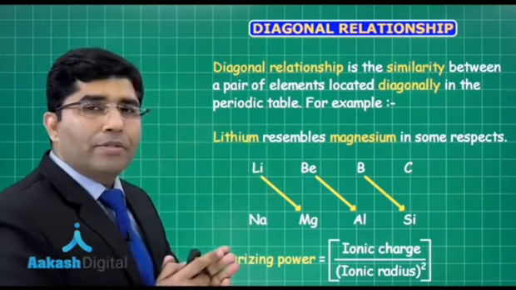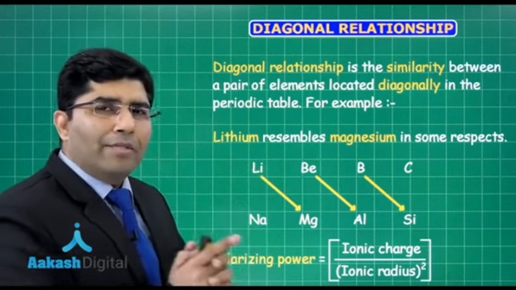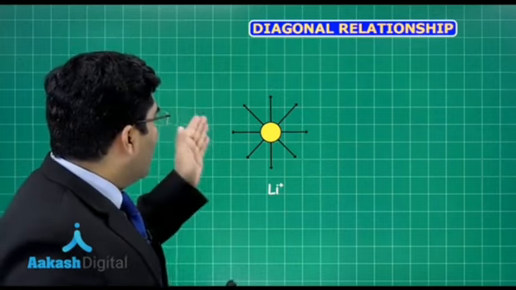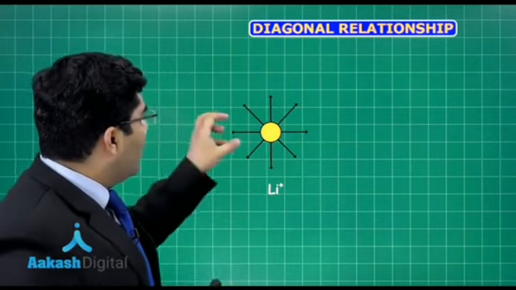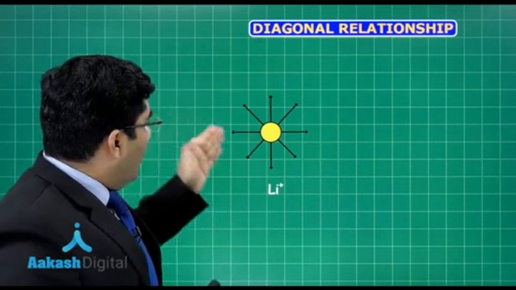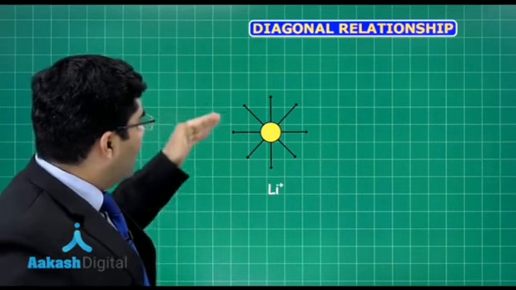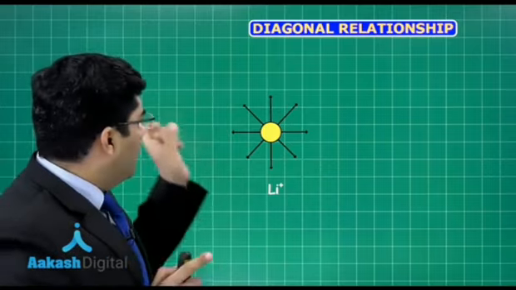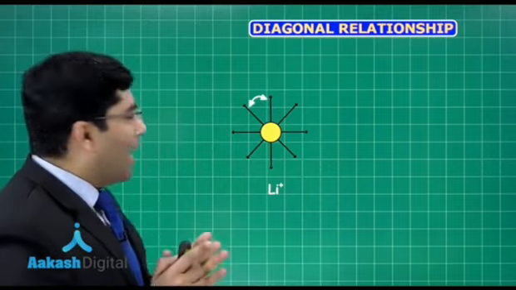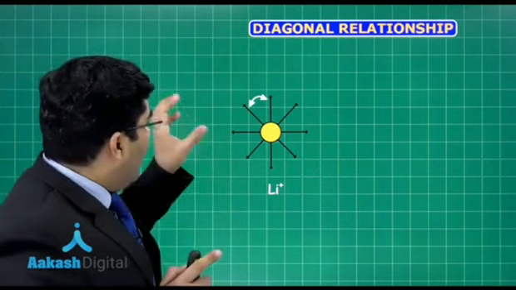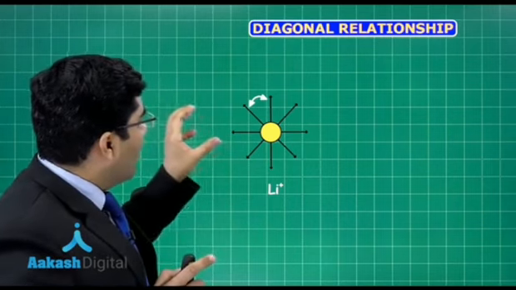Let me tell you with an example. Suppose this is a lithium ion. Now you can see that it is having the positive charge, and there are electric field lines having some gap between them. This gap between the electric field lines is determined by the charge density.